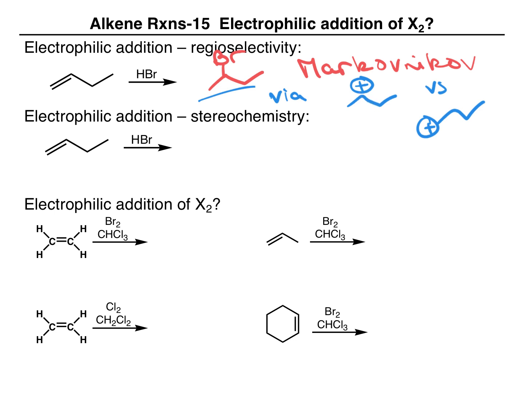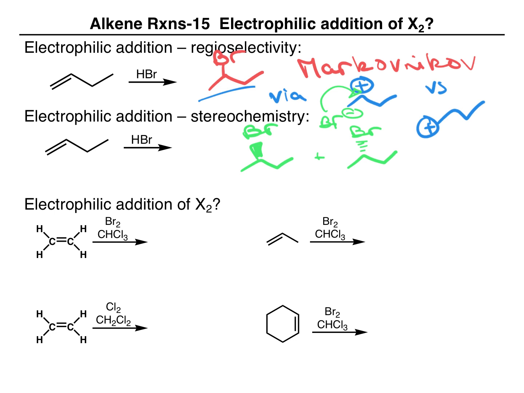That means in the second step, when bromine adds, it can add either to the front face, which will give us this product, or it can add to the back face, which gives us this product. So because of the carbocation intermediate, if a chirality center is produced, we will get a mixture of enantiomers.